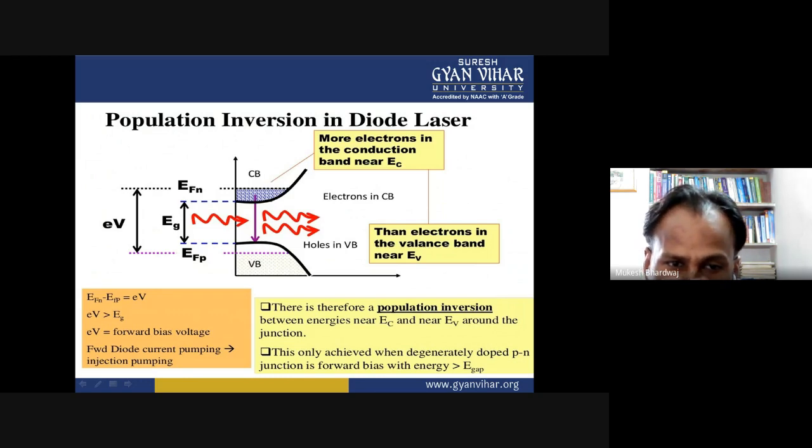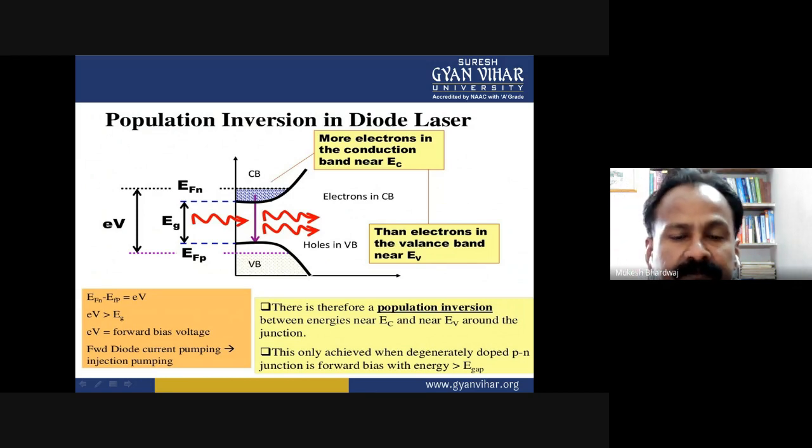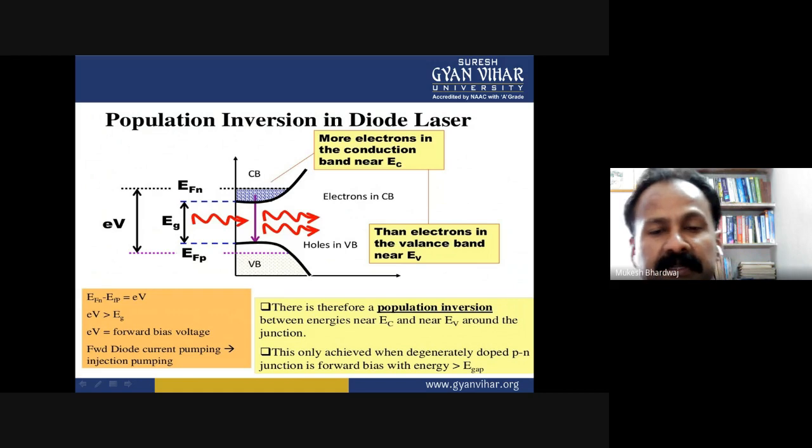There are more electrons in the conduction band near EC, electrons in the conduction band, holes in the valence band. There is therefore a population inversion between the energies near EC and EV around the junction. This is only achieved when the degenerately doped PN junction is forward biased with energy greater than the energy gap.